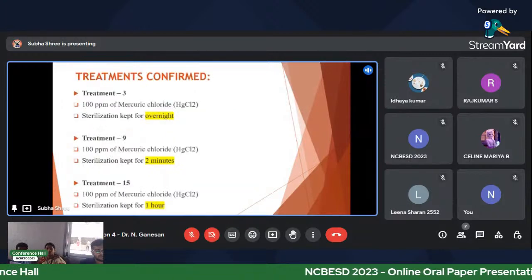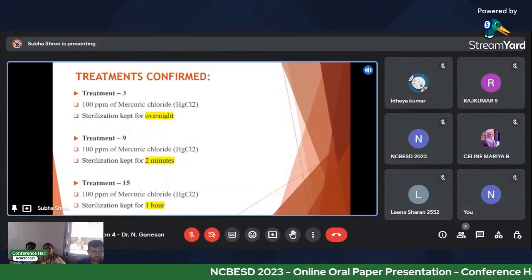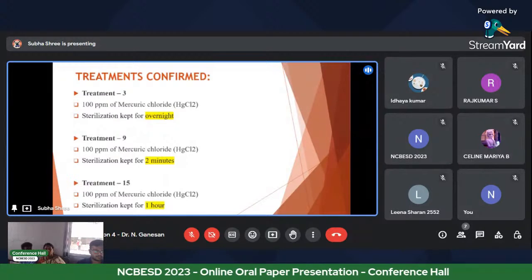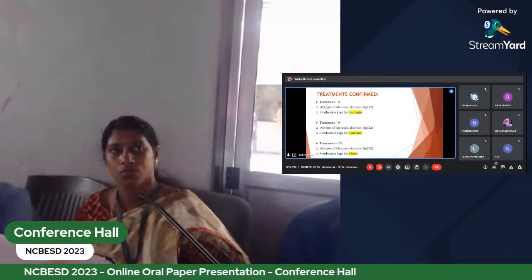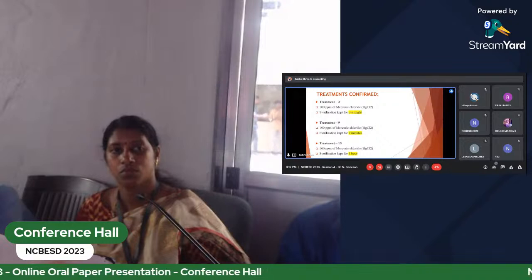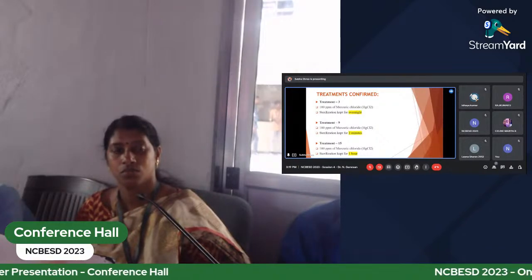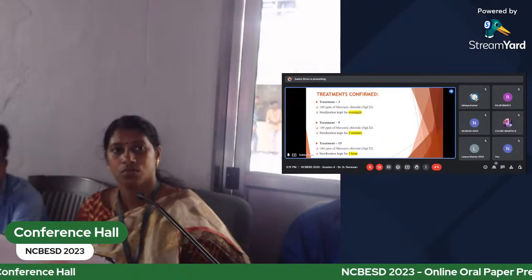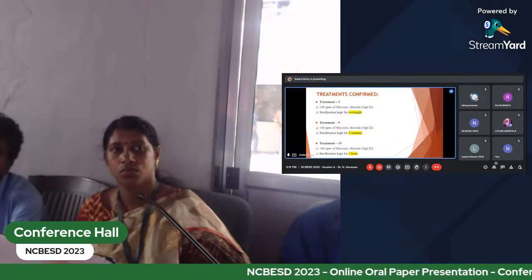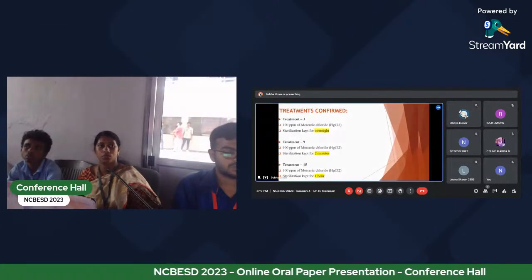After 21 days, treatment 3, treatment 9 and treatment 15, which have different concentrations and incubation times of mercuric chloride, succeeded in surface sterilization of the PCN and RKN roots and eggs.